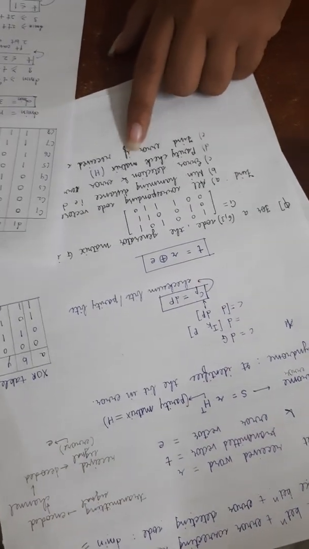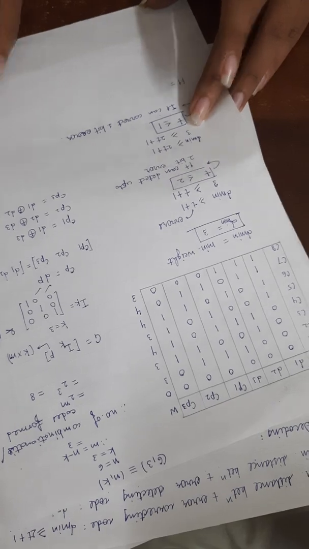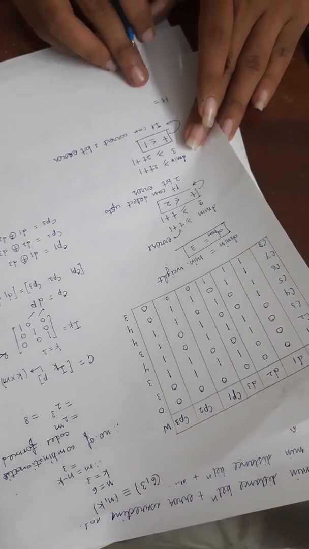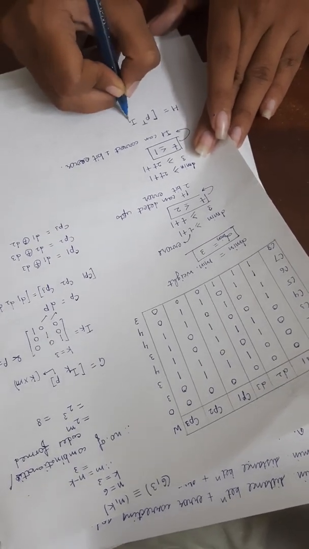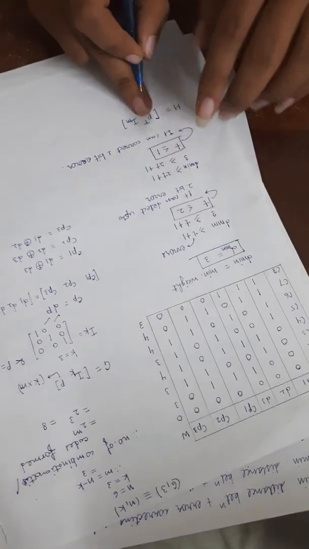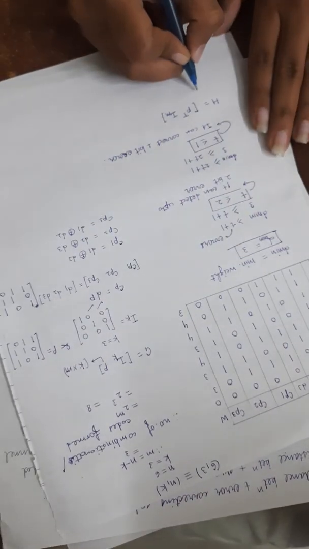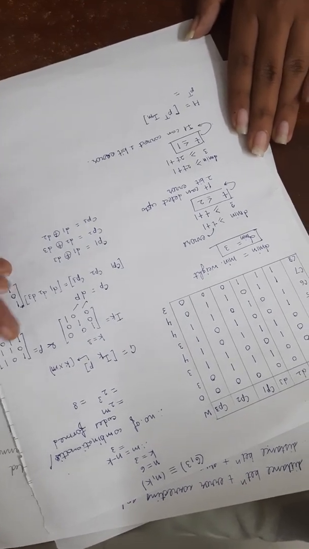Now the fourth part is we have to find the parity check matrix, which is represented by H. The parity check matrix consists of P transpose and I m. We had found the parity matrix here, so the transpose will be taken by interchanging the rows and the columns.